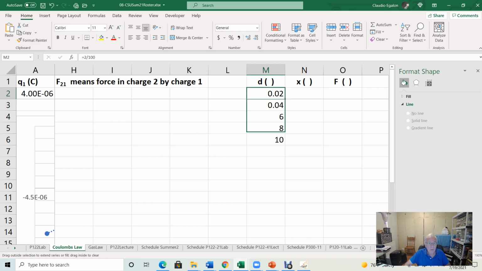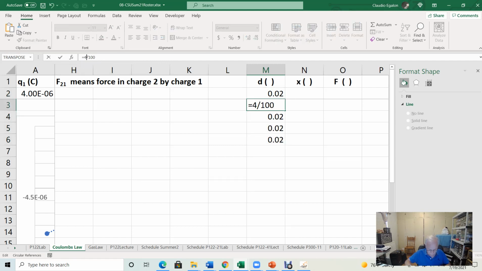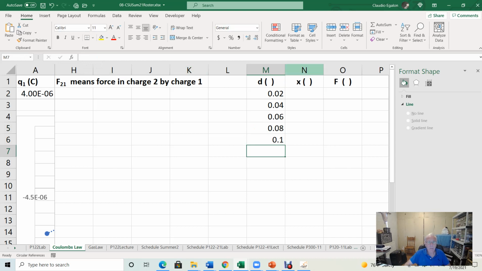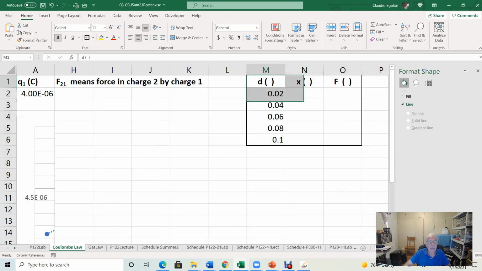Just change here 2, 4, 6, 8, and 10. I'm gonna tell you very soon what X is, but if you remember the simulation of the gravitational force, you should know that's gonna be the inverse of the square of the distance. Make your table look nice.